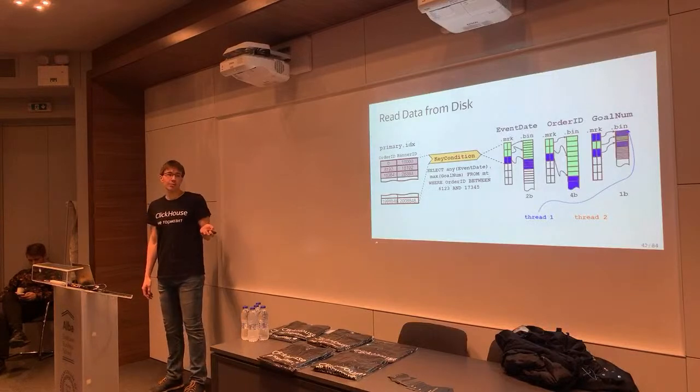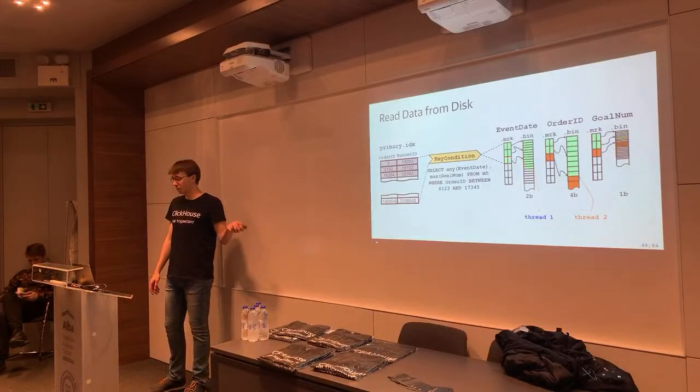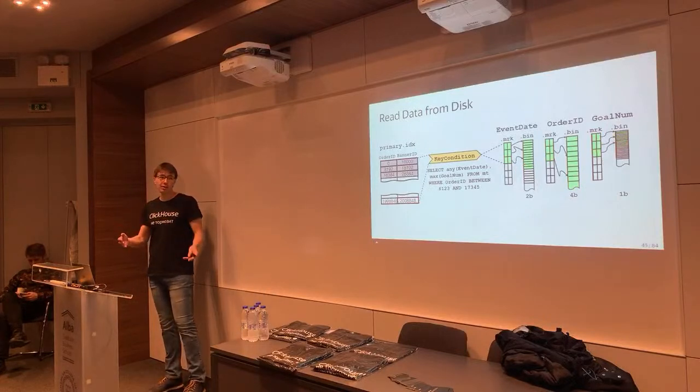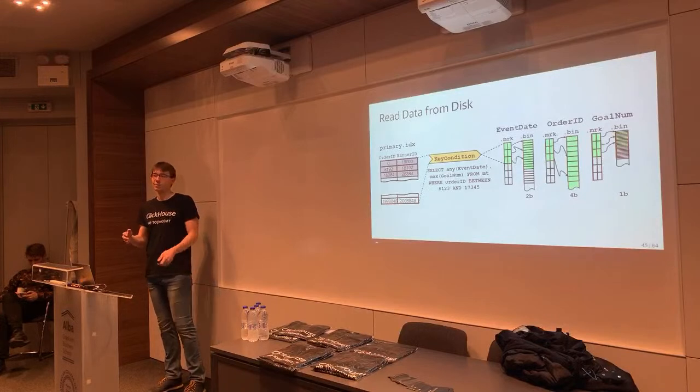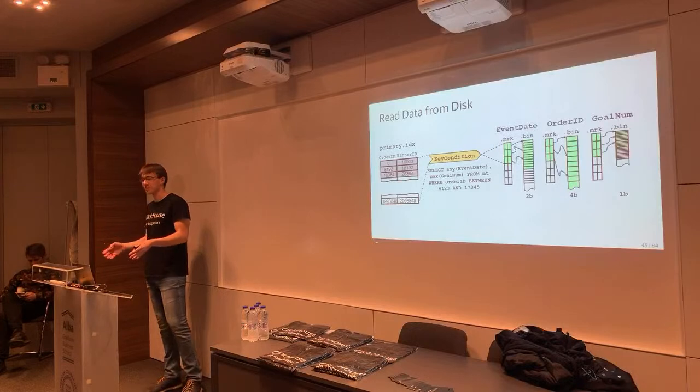So the orange thread may decide to help its friend and steal part of its work, the last granule, and they continue to read data concurrently. And thus MergeTree reads data at a low level. This is one of the reasons why ClickHouse is blazingly fast. It utilizes all available resources.